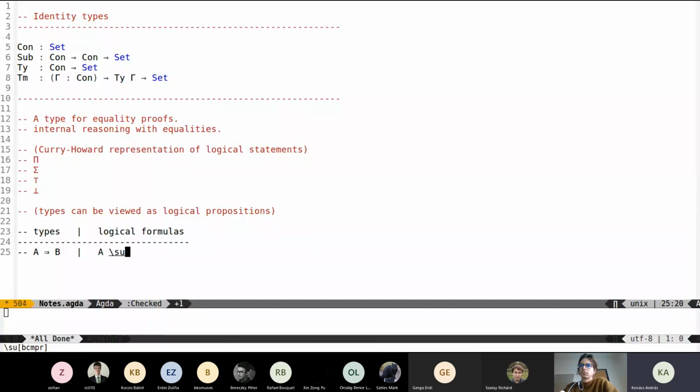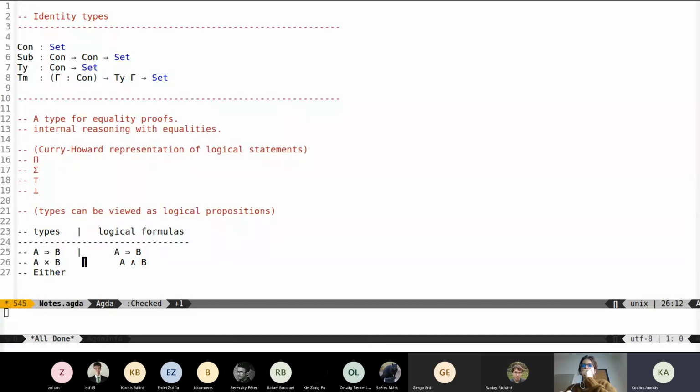Okay, so this is implication. And the type A times B, the non-dependent sigma type, is just a pair type, and I can use this to model a logical conjunction.